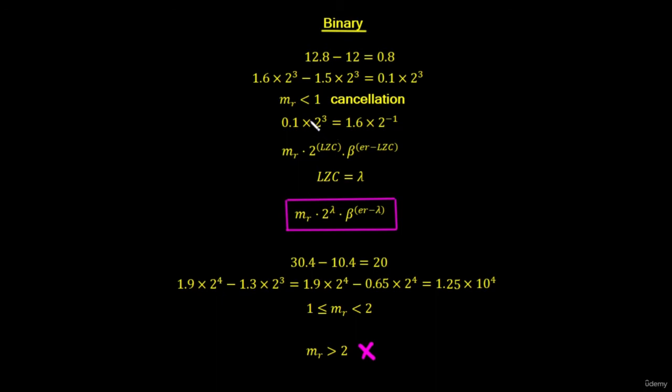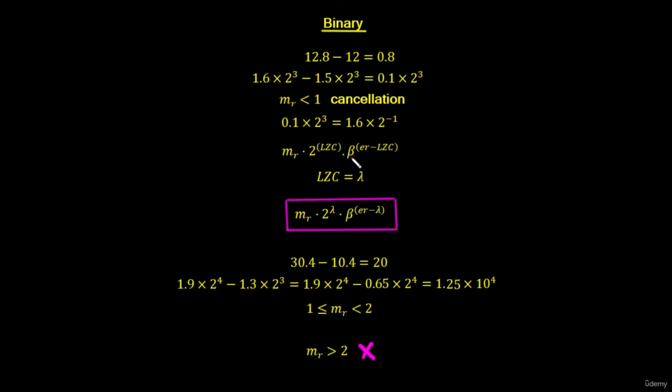Well, we're going to find this by the leading zero count, and this is best seen on the Excel spreadsheet. So we will go ahead in a moment and put these numbers into the Excel spreadsheet, and you'll see where this leading zero comes from. So the increase in this mantissa is going to be by a factor of 4, and this factor of 4 will be the leading zero count.